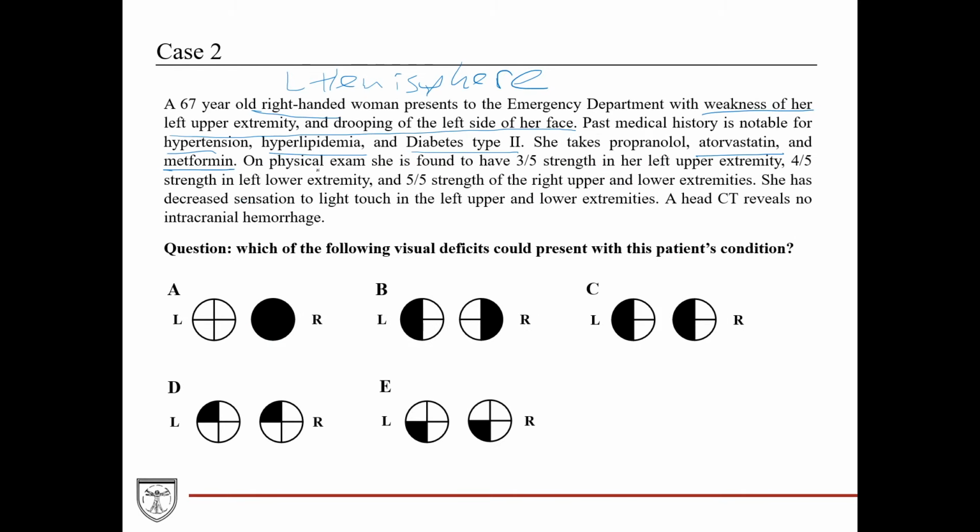So on physical exam, she's found to have 3 out of 5 strength in her left upper extremity, 4 out of 5 in her left lower extremity, and then 5 out of 5 on the right upper and lower extremities. So her upper extremity is much weaker than her lower extremity.